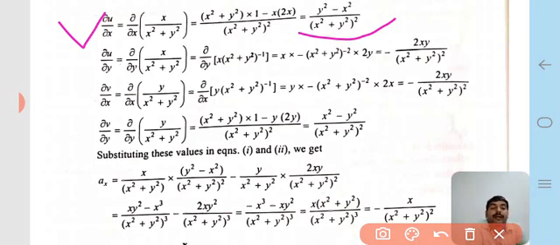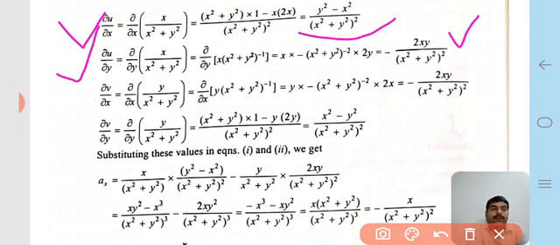Similarly, for del u upon del y, putting the velocity component u and taking the partial derivative with respect to y, we get minus 2xy upon x square plus y square whole square.